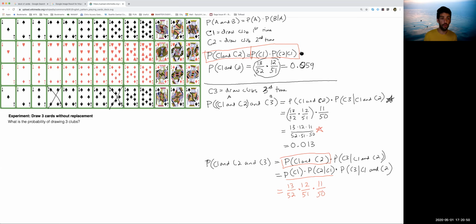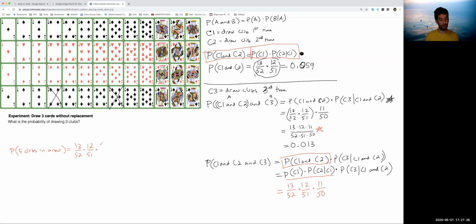So with that in mind, without writing out events and thinking too hard about this, let's notice the pattern we got. What if I ask the question, what's the probability of pulling 5 clubs in a row? Following this pattern, we look at the probability of pulling one the first time times the probability of pulling one the second time. Remember, this only works this way because we're not replacing them, meaning each time we lose a club and we lose a card in the deck.